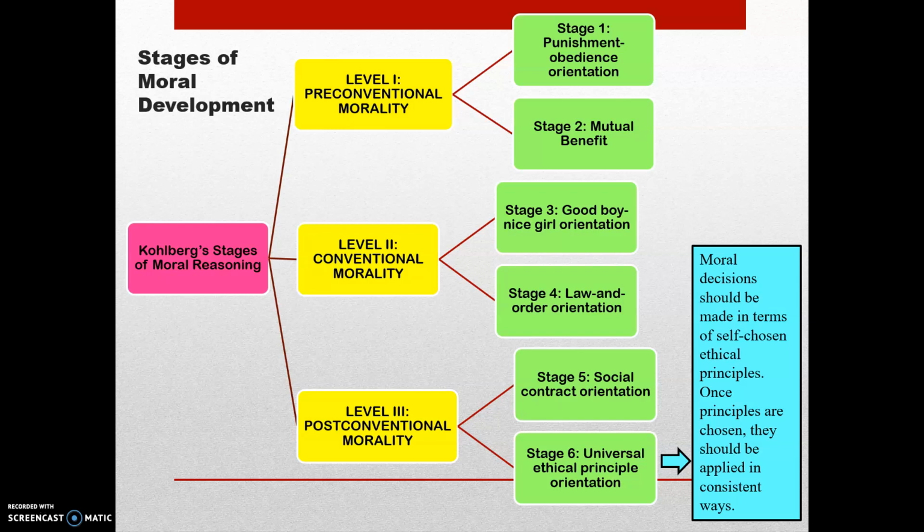At gagawin niya talaga yan, kasi yun yung principle niya, equality. It doesn't matter if nag-disobey siya sa rule ng society, which is not to kill anybody. So sabi ni Kohlberg, bihira lang or iilan lang sa mga tao yung nakakarating sa stage na ito, itong universal ethical principle orientation.